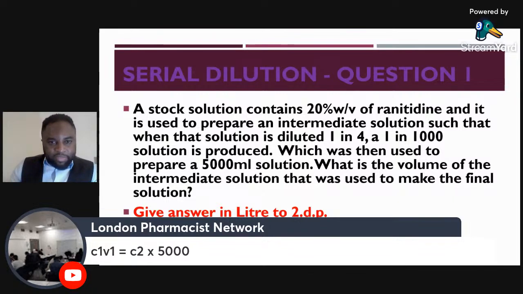V2 is 5,000. The next one we need to put down is C2. What is the concentration of the final solution? Can anyone tell me?